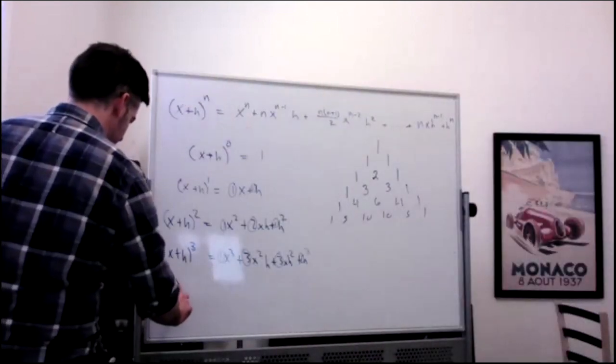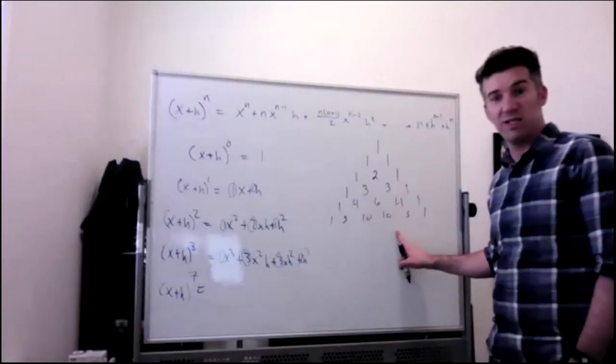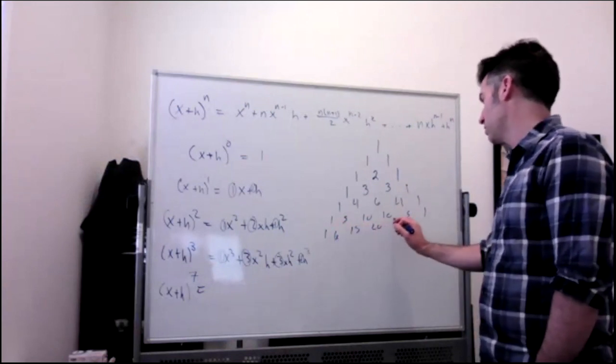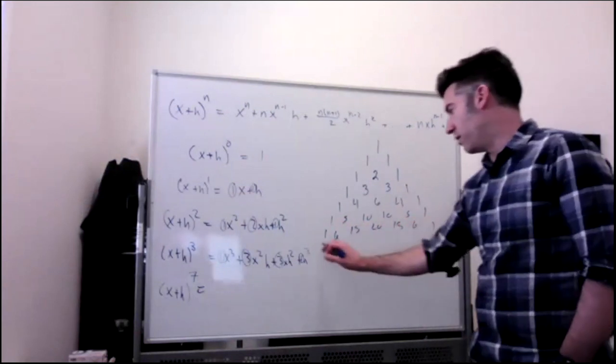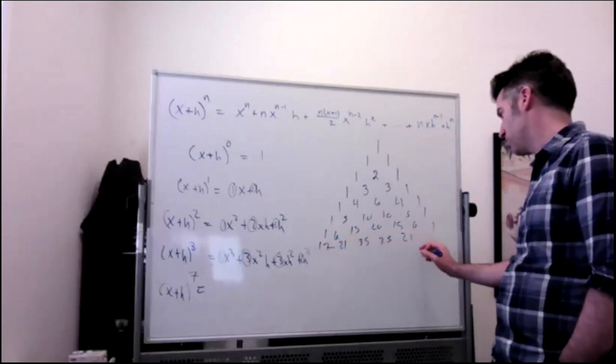So like, if you wanted to, you could say like, well, what's x plus h to the 7th? Well, I need to go out to the row where 7 was the second term. So 1, 6, 15, 20, 15, 6, 1, and then 1, 7, 21, 35, 35. There is symmetry.